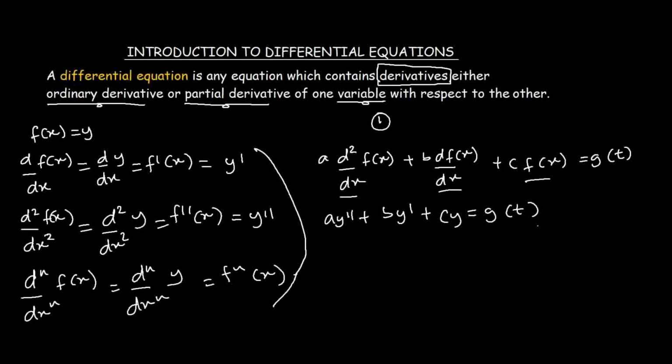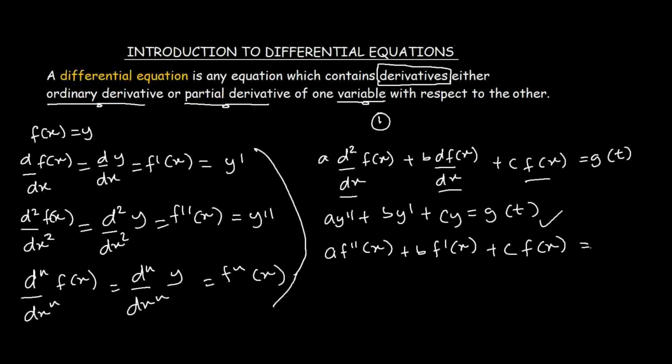And looking at this side here also, we have written it in a different form. So that's also a differential equation. We can rewrite this also as a f prime prime of x, plus b f prime of x, plus c f of x.